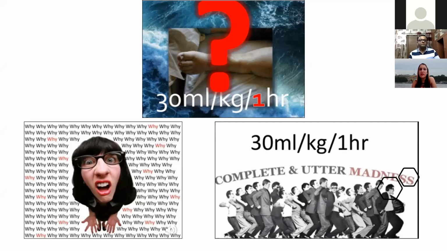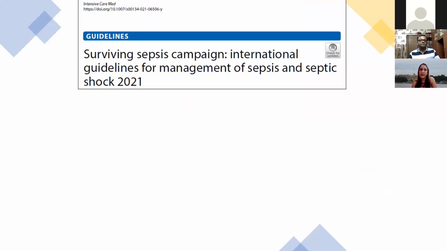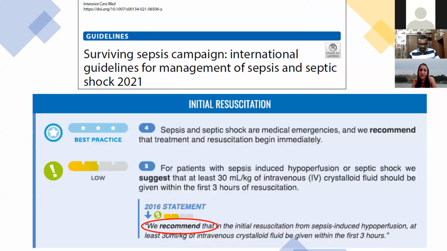And this has actually been accepted by the Surviving Sepsis guidelines also, which came up last week only, which have changed their guidelines from a recommendation to a suggestion that for patients with sepsis-induced hypoperfusion or septic shock, they suggest only, not recommend, that at least 30 mils per kg of IV crystalloid fluid should be given within the first 3 hours of resuscitation. Yes, resuscitation during early stages is very much required. We'll talk about it in the later half of this talk.